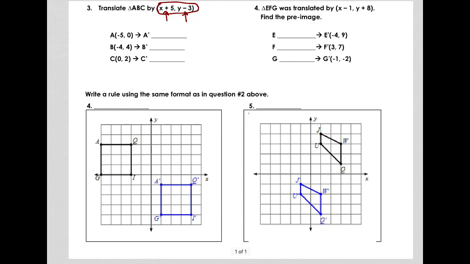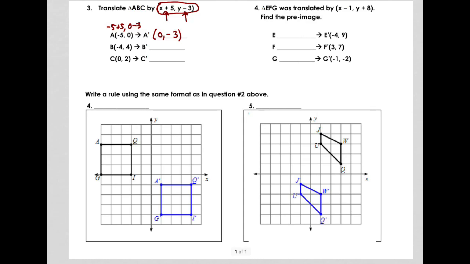So basically, we should have negative 5 plus 5, because we're adding 5 to the x's, and 0 minus 3. If we do negative 5 plus 5, you can use a calculator to check it if you like, you would get 0. And 0 minus 3 is just negative 3. There we go. All right, so that's our new image of A.